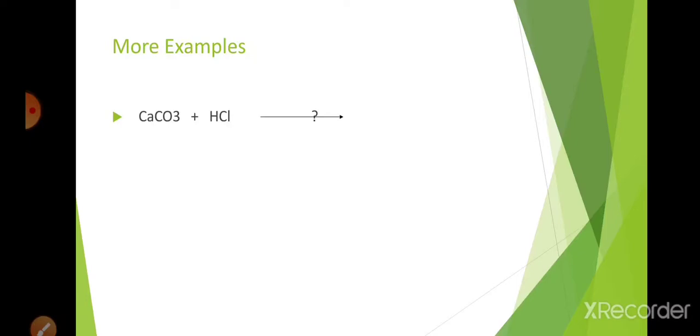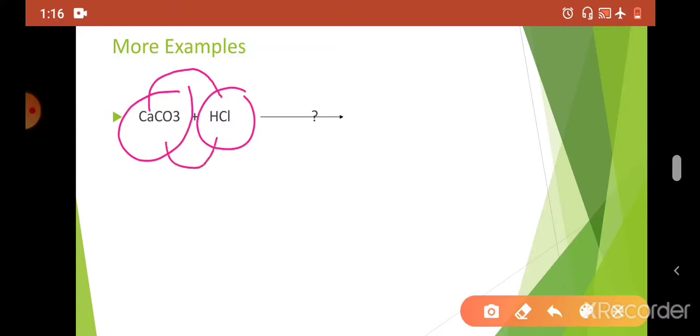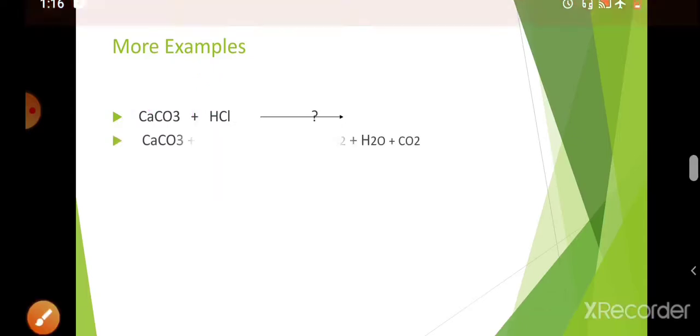What is the product now? If you analyze what reaction is taking place, calcium carbonate is a metal carbonate plus acid, which gives salt plus water plus CO2. How is the salt formed? Ca combines with Cl and hydrogen goes with CO3. So a double displacement reaction is taking place over here.